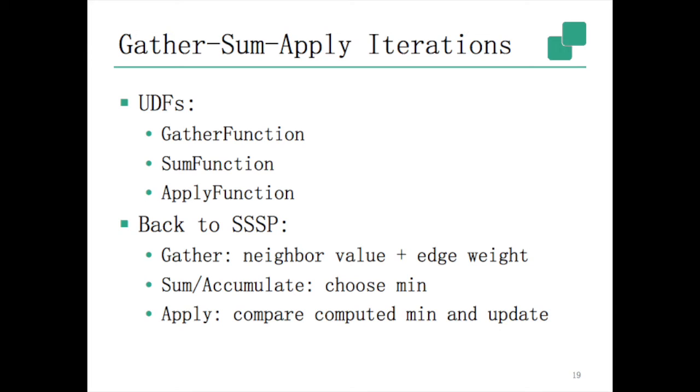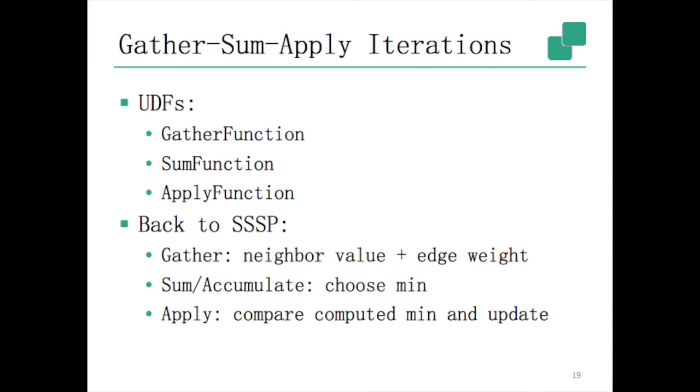So what happens here, as opposed to the vertex update and the messaging function, is that a vertex gathers information from all of its neighbors first, then sums up that information or applies an aggregator on it, and afterwards it applies the information it learned to its vertex value.